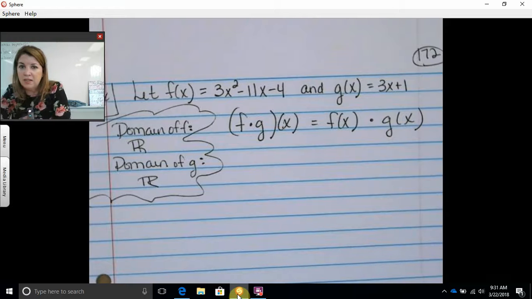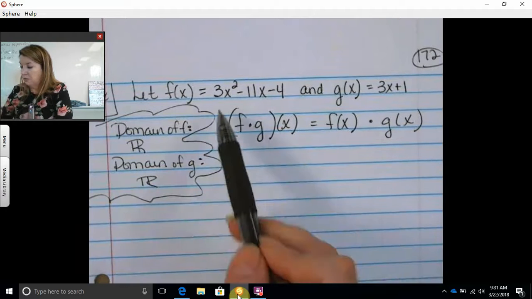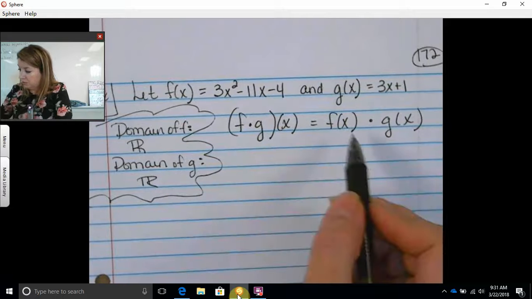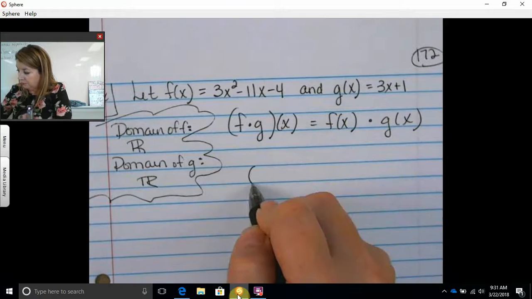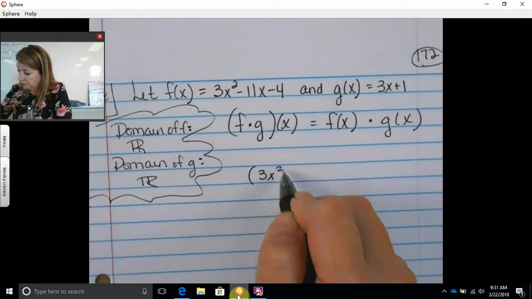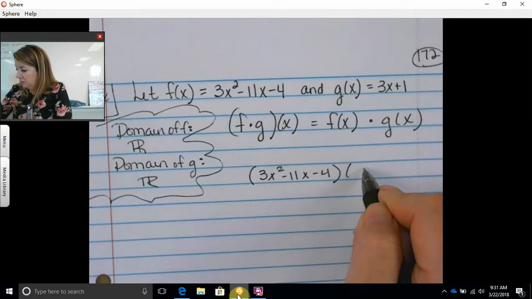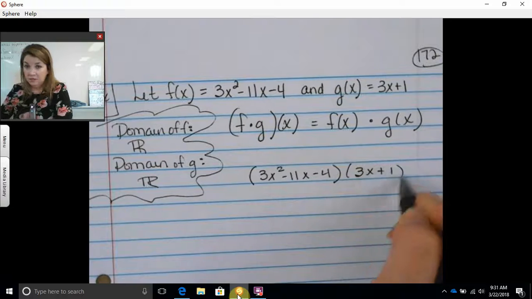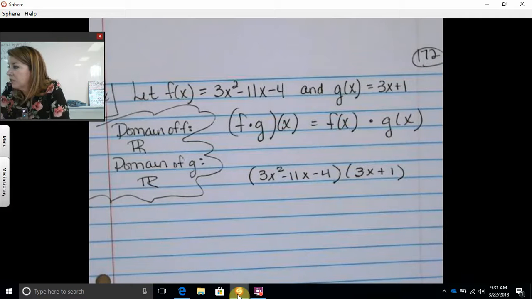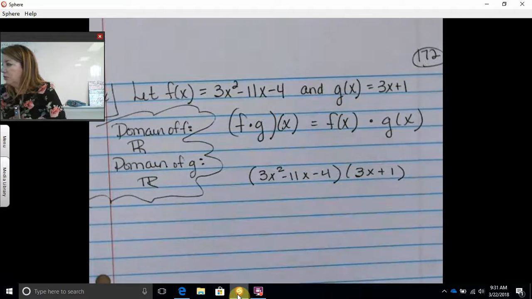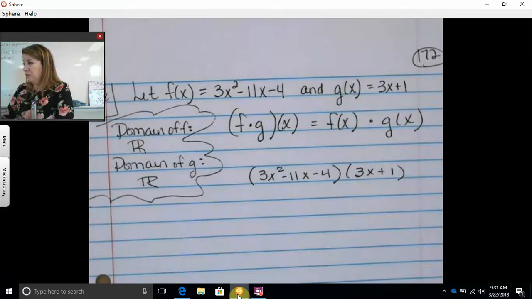So I am multiplying a trinomial times a binomial, definitely going to need parentheses. So function f times function g. There's going to be a lot of distributing, so you want to make sure that you keep yourself in order so that you don't confuse yourself or leave something out.